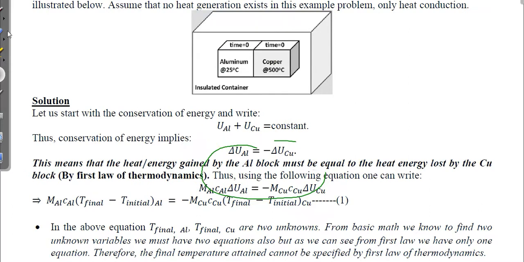From conservation of energy, U aluminum plus U copper equals constant, so delta U of aluminum must be minus delta U of copper. Why this minus sign? Because the heat energy gained by the aluminum block must be equal to the heat energy lost by the copper block, from the first law of thermodynamics.